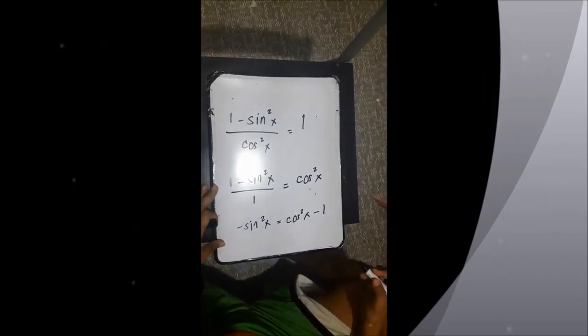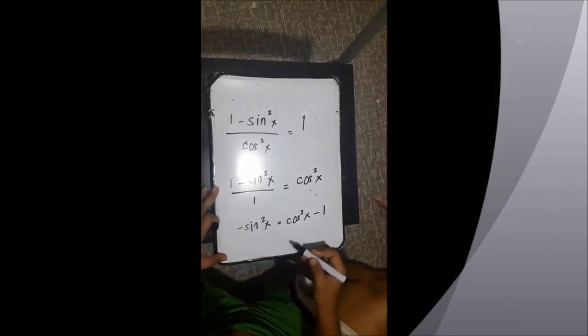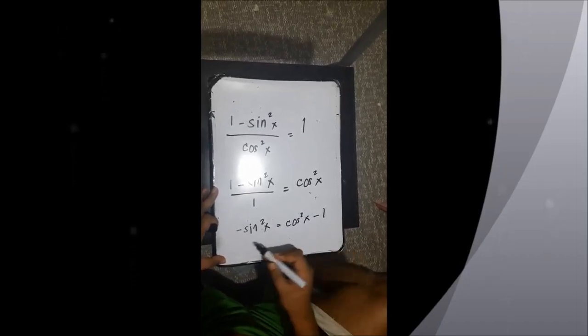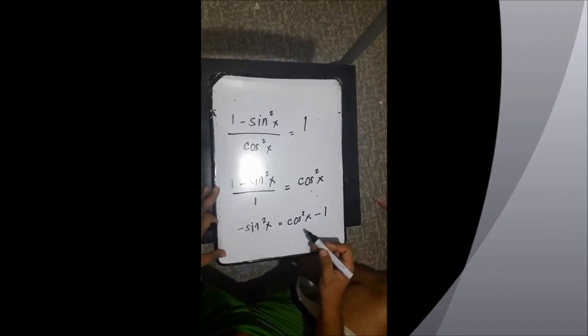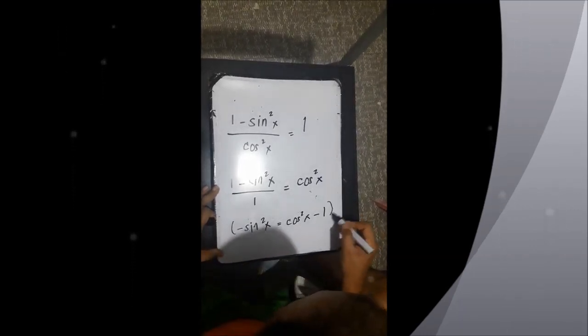And in this form, I only need one more step, which is to negate the left and the right side of the equation. Negating means I will be multiplying all by negative 1.